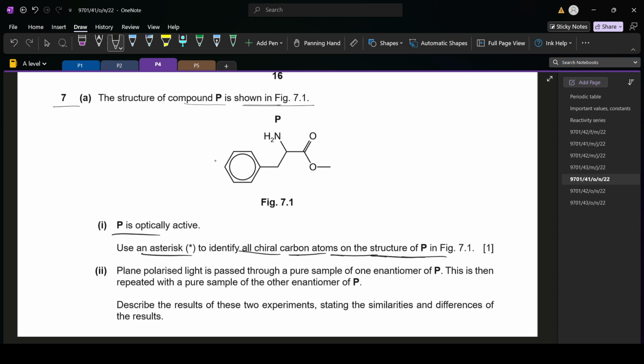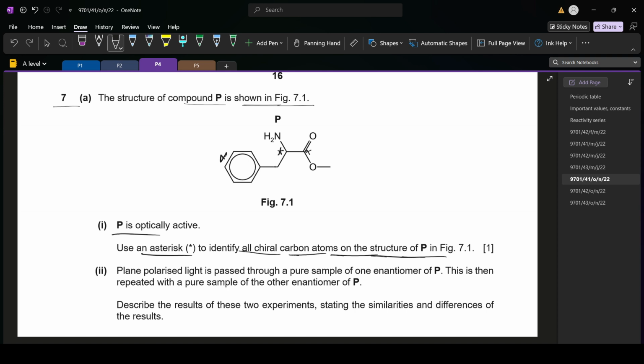So the ring will not have a chiral carbon, because the ring has a carbon-carbon double bond. And this carbon will also not be chiral, because this is a double bond with oxygen.